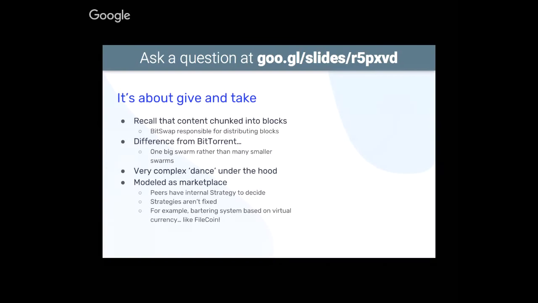So if you recall from our last session, when we add content to IPFS, it actually gets chunked up into a bunch of small blocks of data. And you might remember I mentioned it was about 256K for each block. For small files, obviously no chunking or blocking needs to happen.